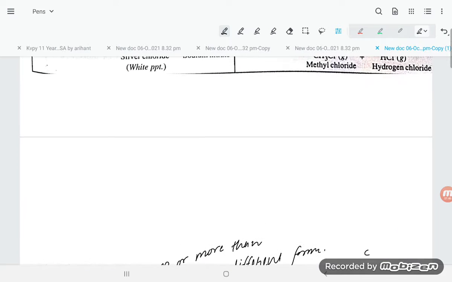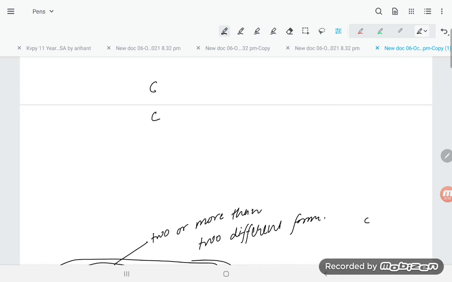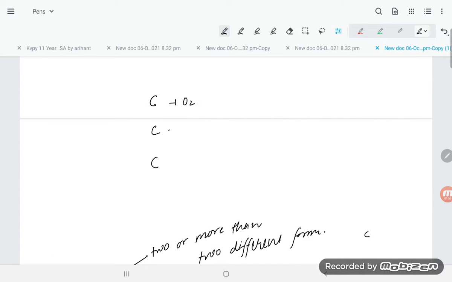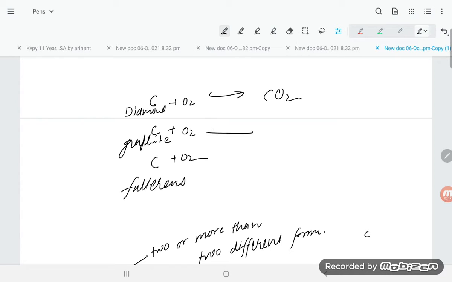Whether it is graphite, diamond, or fullerene, if any one of them is burned, suppose I am burning the diamond, or you are going to burn graphite, or you are going to burn fullerene, all will give what, students? A colorless, odorless gas, carbon dioxide, which turns lime water milky.